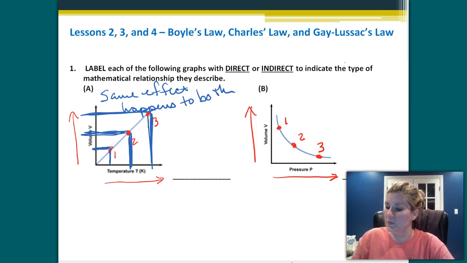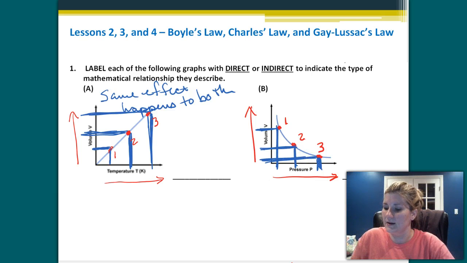We're going to see that at point 1, relatively speaking, our pressure is on the low end, but our volume is high. And then if we change our pressure, and now the pressure is considerably higher than point 1, our volume has dropped. And then with point 3, we have the highest of the 3 pressures and the lowest of the 3 volumes.